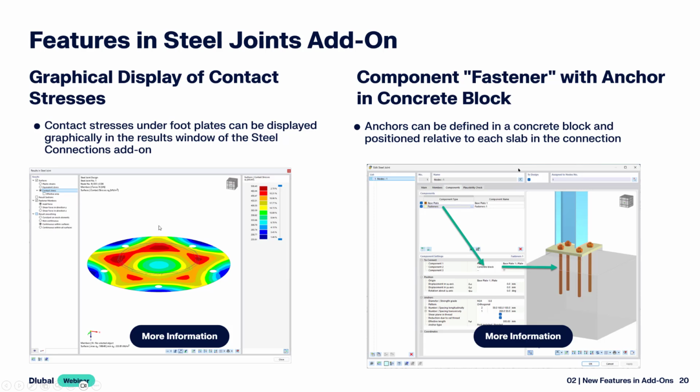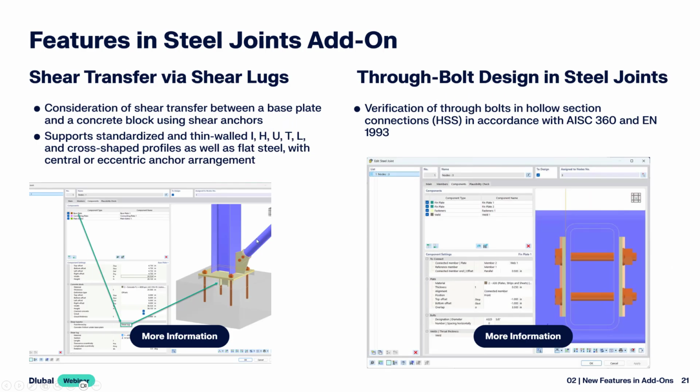You can display the graphic of the contact stresses. Then component fastener with anchor in concrete block is new. Then the shear lugs are now available. For example, I, H, U sections and so on can you use there. Then through bolt design in steel joints according to American and also Eurocode 3 standard.